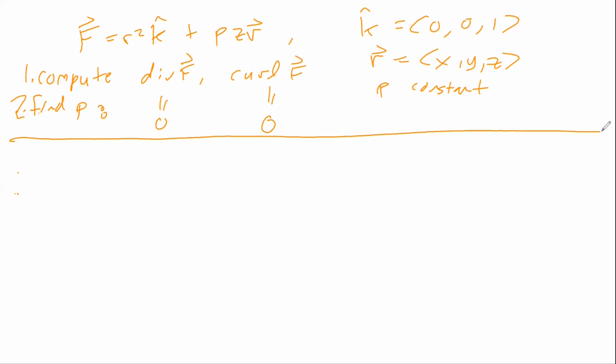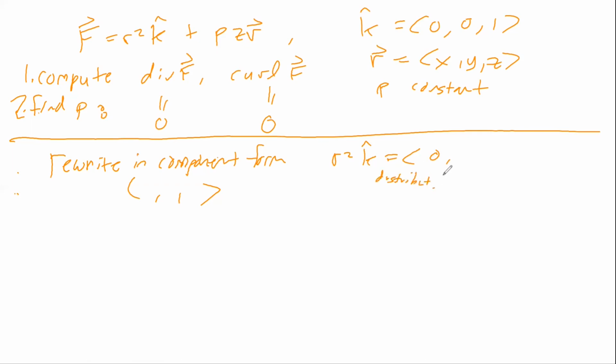So with this question, what you have to do is rewrite this in component form, with the angle brackets. The fact is that r squared k is actually equal to <0, 0, r squared>, because there's just a 1 for this k.